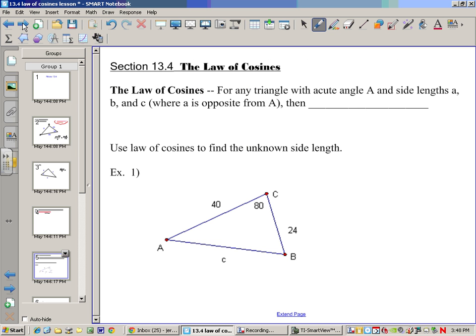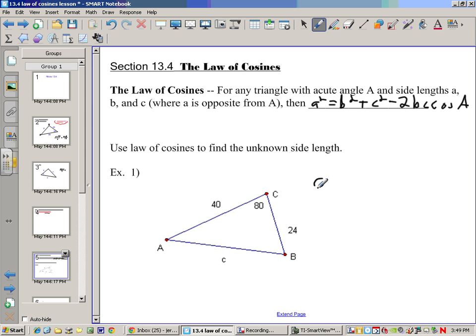Now the law of cosines is for any triangle and angle A, with side lengths a, b, and c, where a is opposite big A: a squared is equal to b squared plus c squared minus 2bc cosine of big A. So I'll show you how to use that down here.